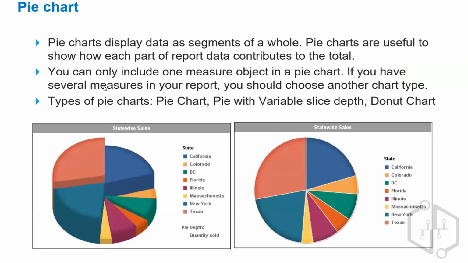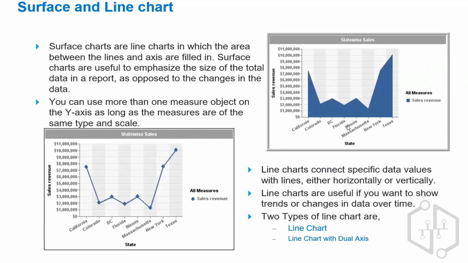Pie charts, as I told you, if we have only one measure to distribute across several objects of a dimension, it is good to use a pie chart. For a column chart or bar chart, we can have multiple measures. For sales revenue, one measure is sales revenue.